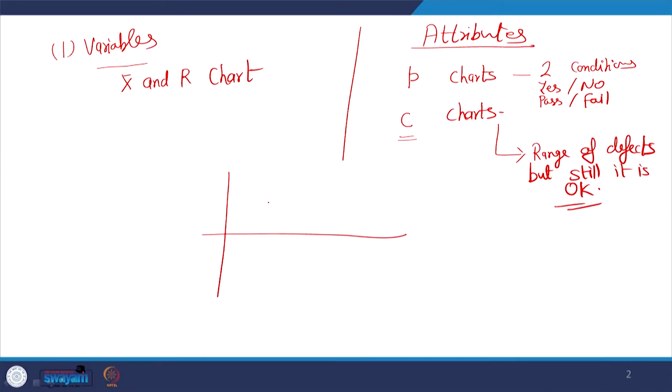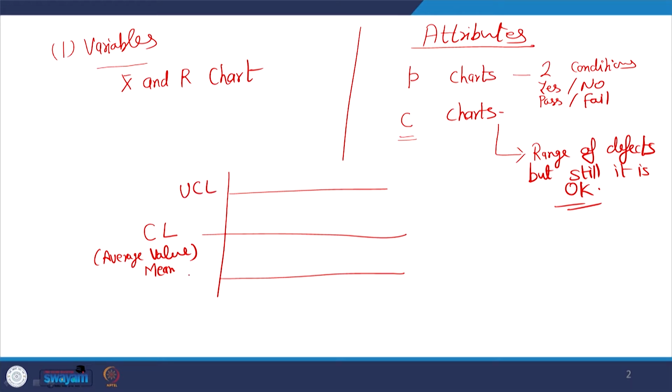So, we have already discussed X bar R charts, P charts and C charts, and in all these charts you remember we had this type of representation, where we have a central line, the average value, or you can say the mean value, then the upper control limit and the lower control limit: the upper control limit is CL plus 3 standard deviation, and the lower control limit is CL minus 3 standard deviation.